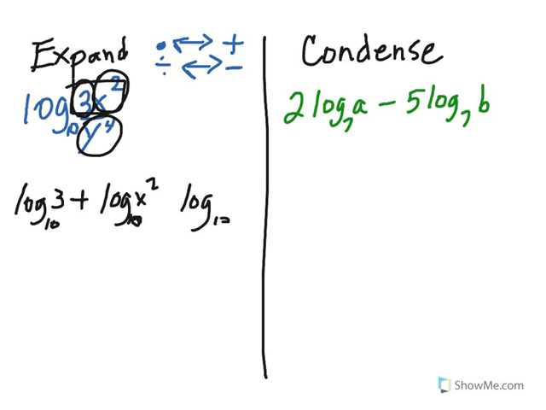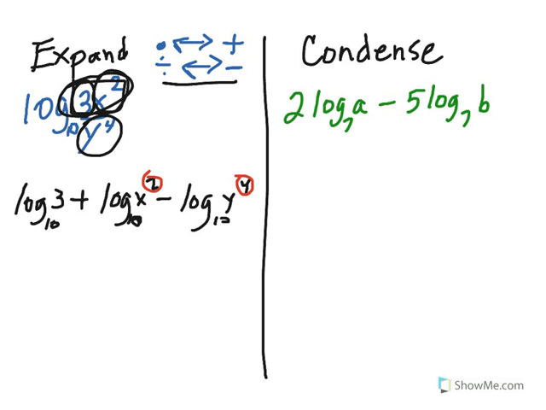Now the other part of this entire thing is divided by y to the 4th. Division, I'm going to use subtraction. So I'm going to subtract log base 10 of y to the 4th. Okay, and that looks pretty good. I've split it up into three different things, but now I'm going to do the last property, which basically says I can take these numbers, these exponents, and this is a pretty useful property.